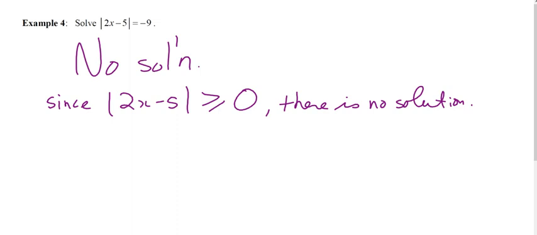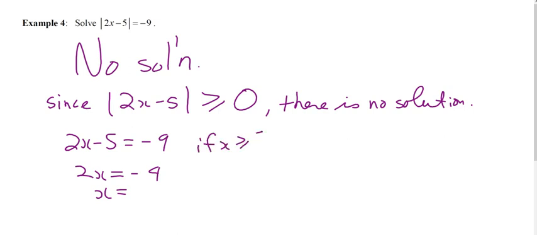If you tried to solve it, you could do the two cases, right? Because you can actually find values. If you said, well, when is 2x minus 5 equal to negative 9? You know, then 2x is negative 4, so x is negative 2.